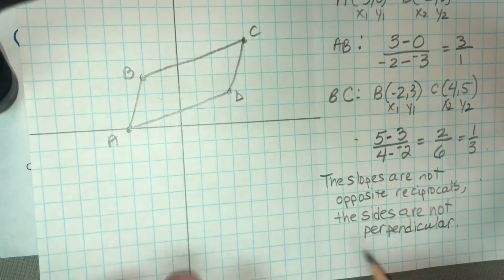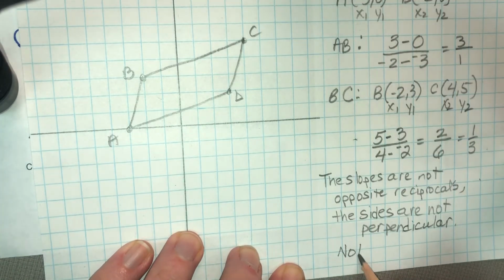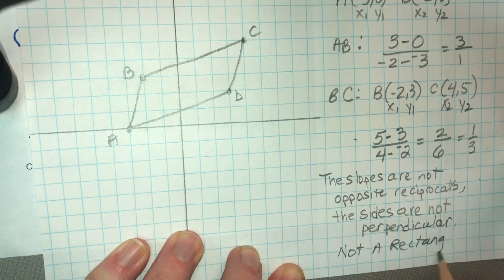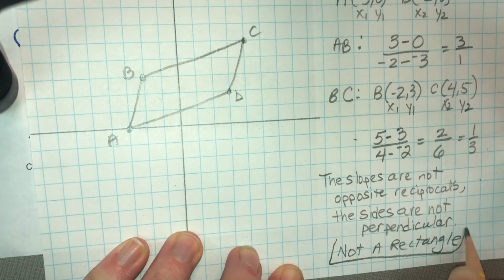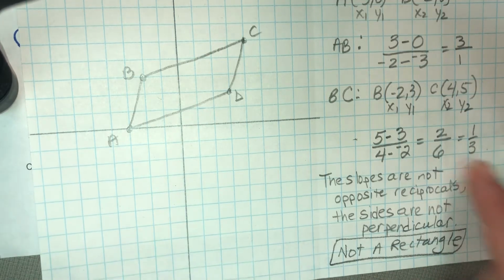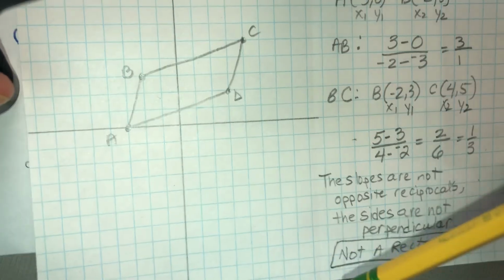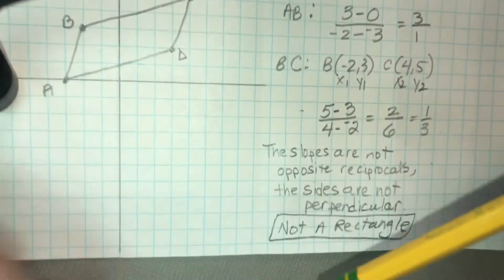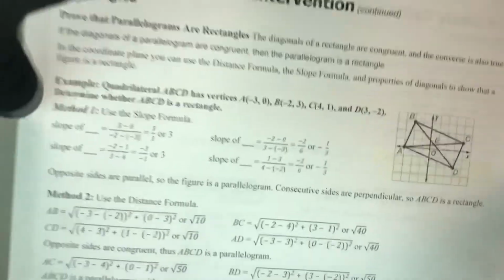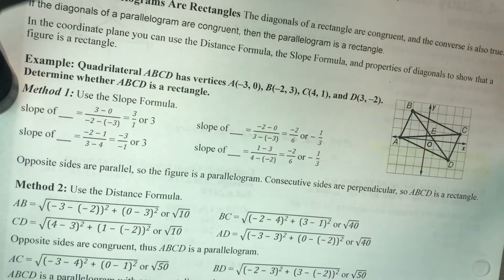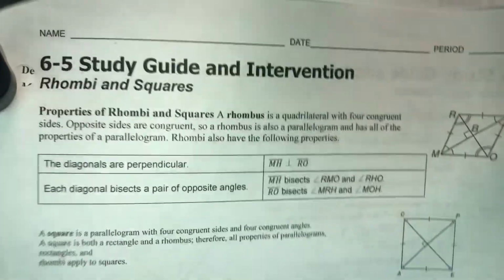Okay, so this one is not a rectangle. If we would have gotten the second one to be negative 1/3, then it would have been a rectangle, and we could have said it was by using those slopes. Okay? All right. The next thing that we're going to talk about is rhombi and squares.